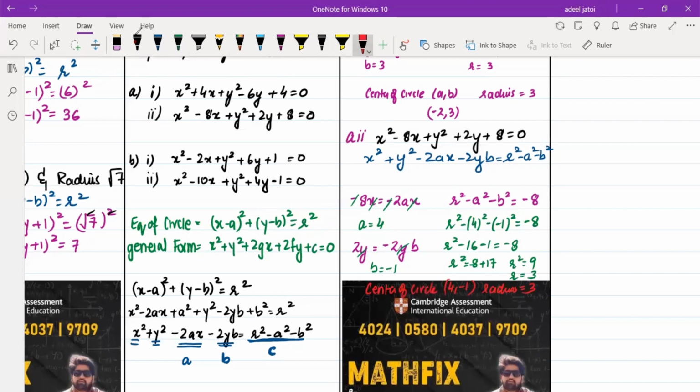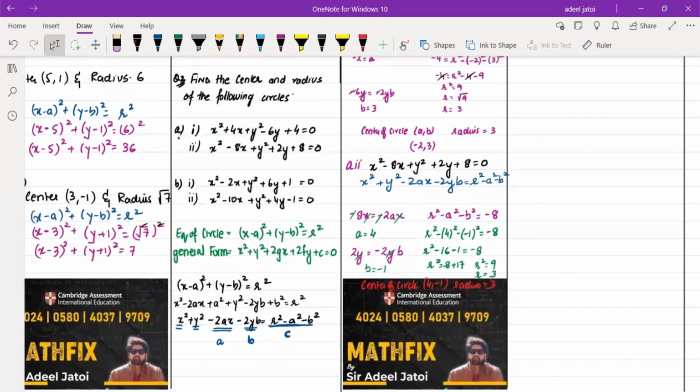So this was A part 2 from the other question where the equation is given, and with the help of the equation, we need to find out the center and the radius. Remember that if such an equation is given, you need to open your normal standard form into the generalized form.